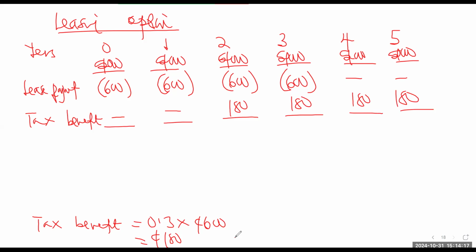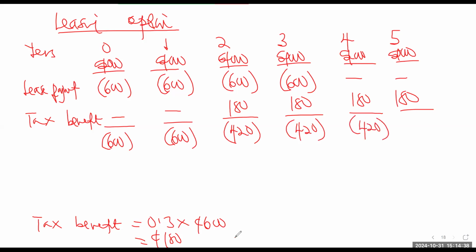Okay. So this is what we are going to be doing over here. So we have 600 over here, 600 over here. Then this will give us what? 420, sorry, 180, 180.